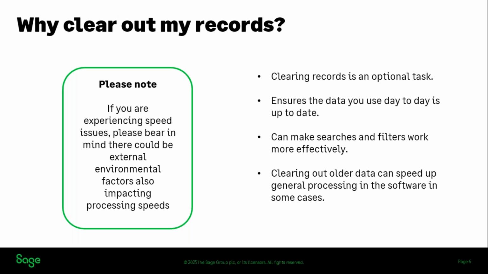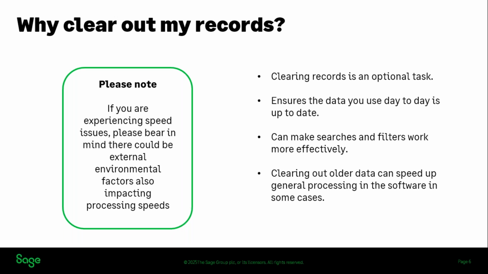So it means some of the functionality in the software, like your drop downs, your searches, your filters, will be more effective because you're only looking at the relevant data, not lots of old records. And in turn, that can sometimes mean that it can speed up general processing in your software. I say in some cases, and I do have a caveat on there, because speed issues in your software aren't always necessarily down to the size of your data.